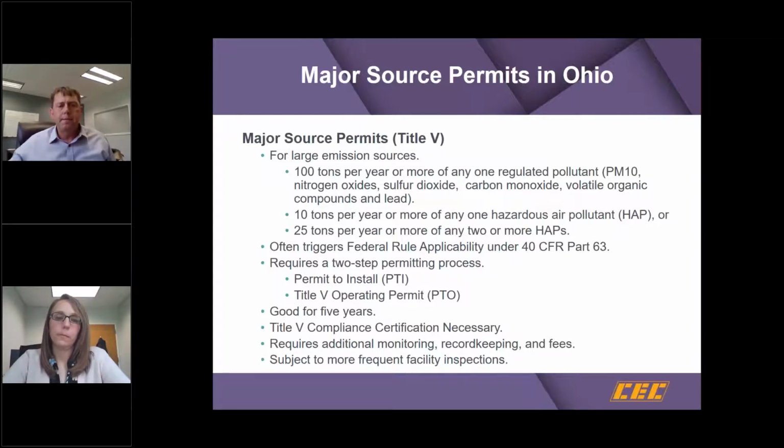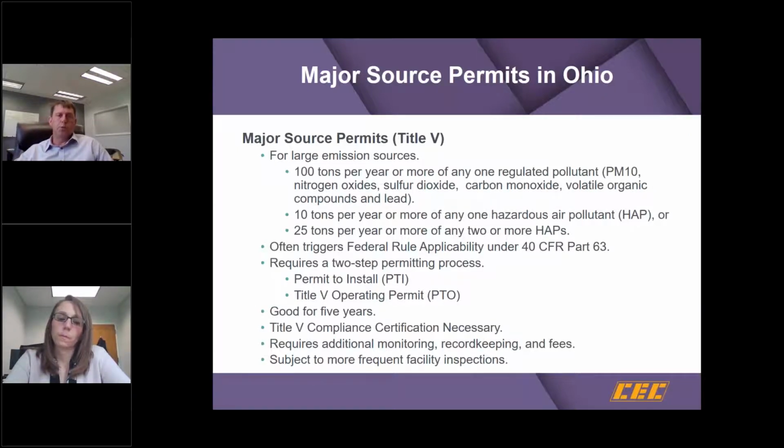I kind of sprinkled in some compliance stuff here on the permitting part, but you have a compliance certification that's necessary, and you have more extensive monitoring and record keeping and fees associated with Title V permits and bigger facilities, and could potentially be subject to more inspections.